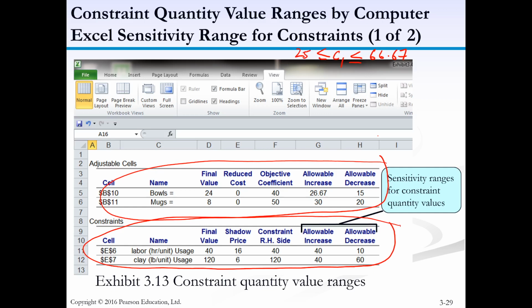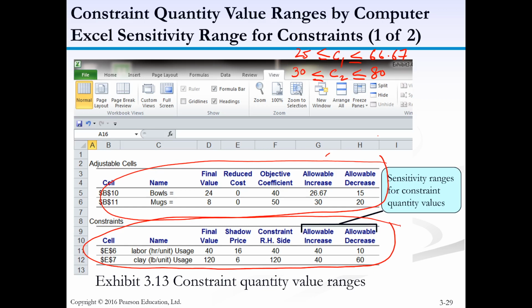The same way, for the coefficient C2, it is 50 plus 30, which is 80 on the upper side, and on the lower side it is 50 minus 20, which is 30. This is for the objective function coefficient in the first table.